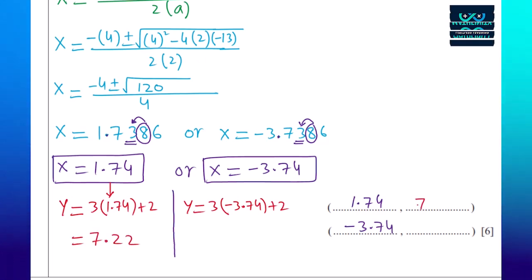So the first y value you got is 7.22. And then 3 times negative 3.74 plus 2, I got negative 9.22.